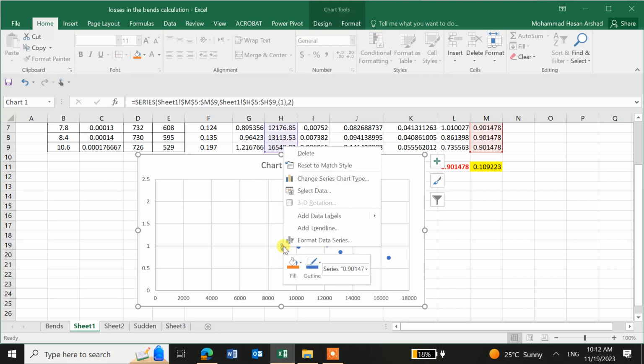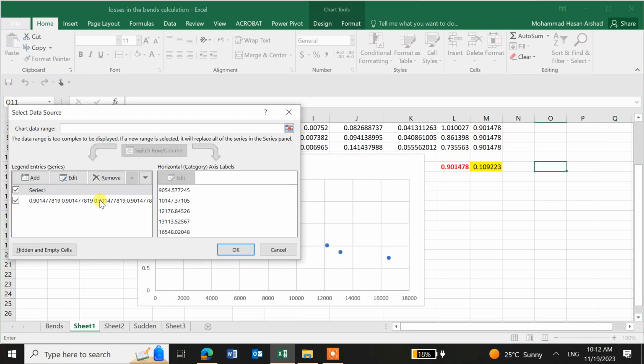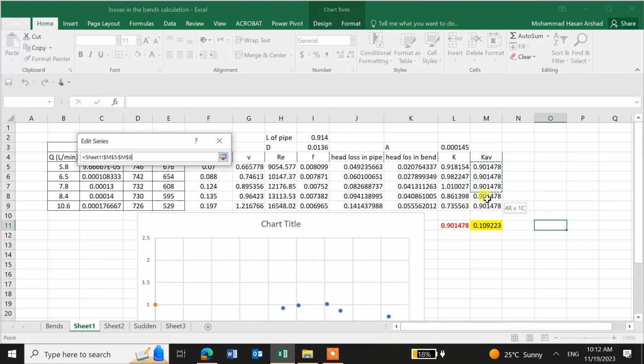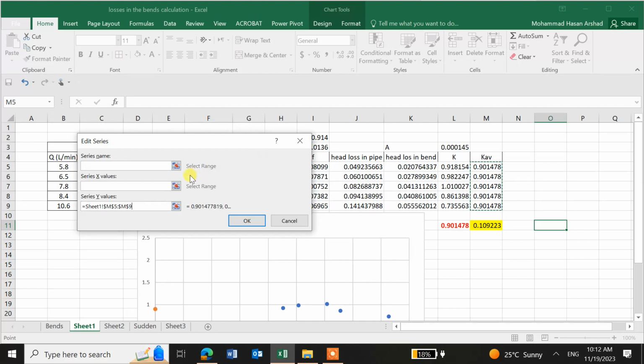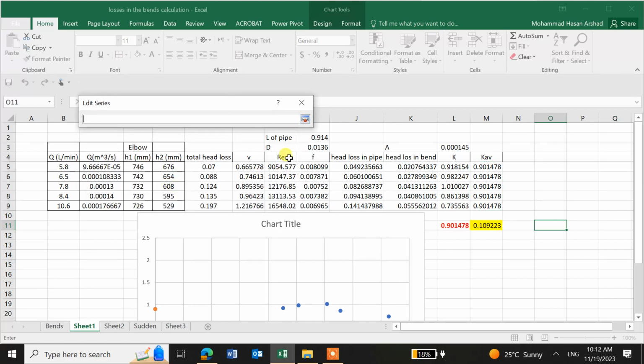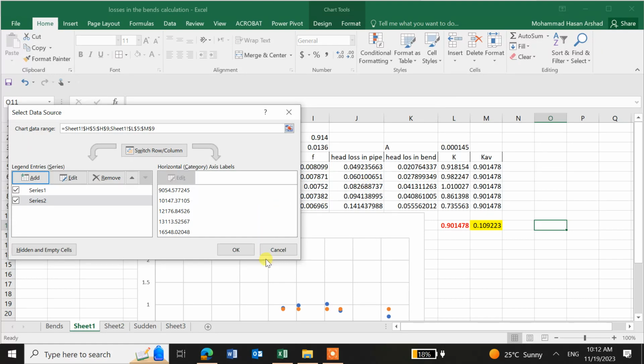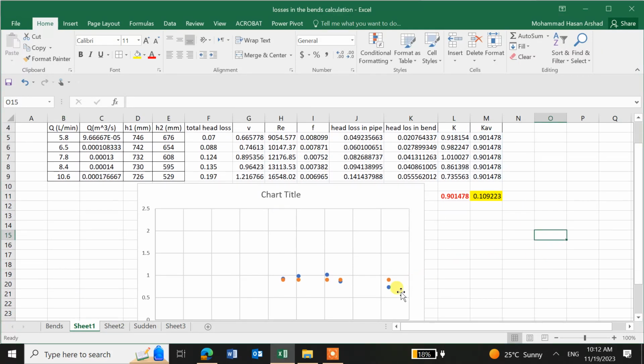Okay, average, Reynolds number. Yes. So you can see these are the constant values.